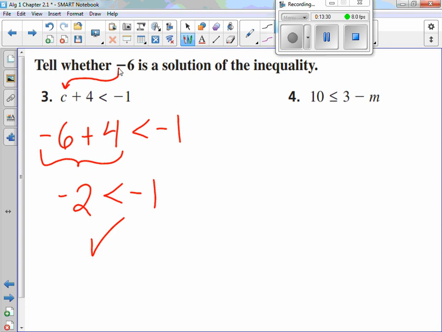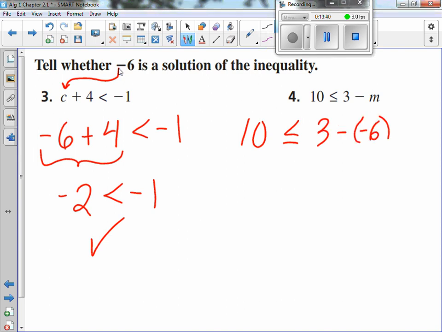So we're saying the next one's false, so I'm going to plug negative 6 in for m. So we have 10 is less than or equal to 3 minus negative 6. Now you could plug this into the calculator, 3 minus negative 6, but a negative and a negative would make a positive.